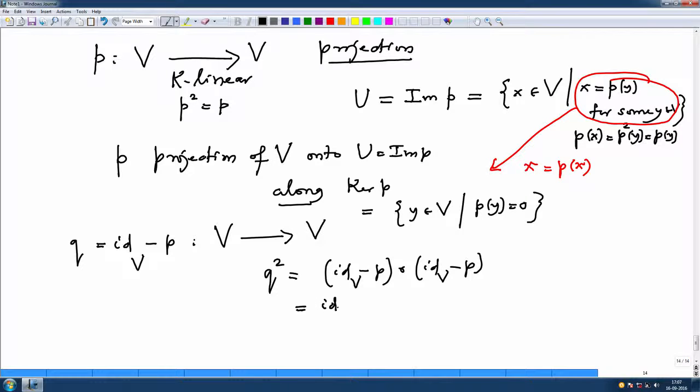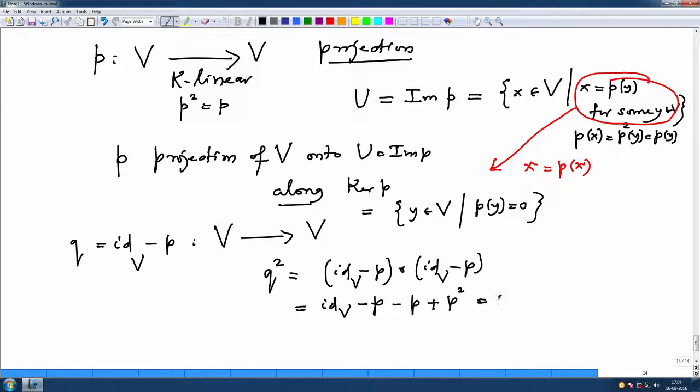IDV compose IDV is IDV, then IDV times minus P, that is minus IDV compose P, that is P. The next one is minus P times IDV, that is minus P again, and minus P times minus P, that is minus will become plus, and P compose P, that is P square.